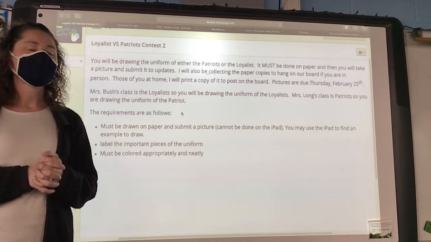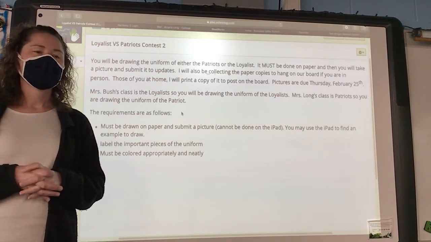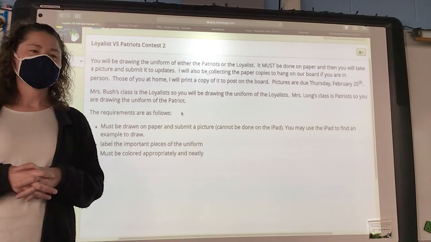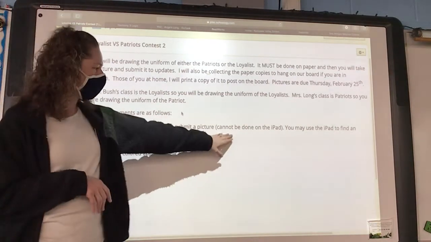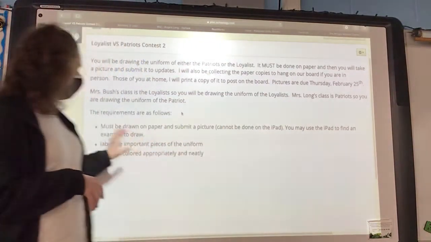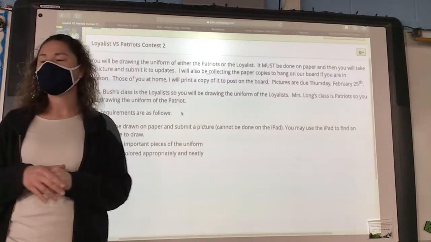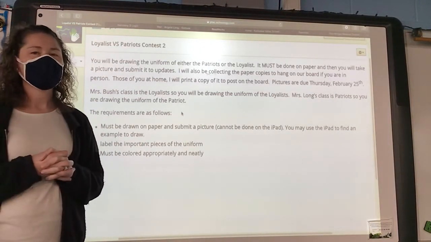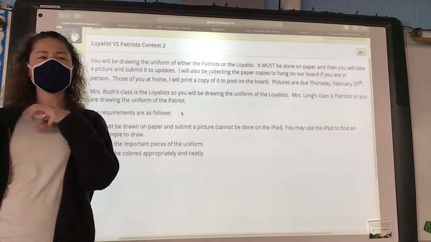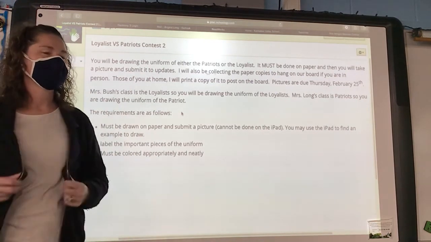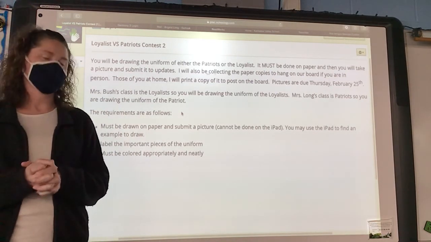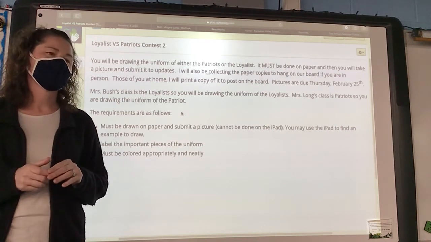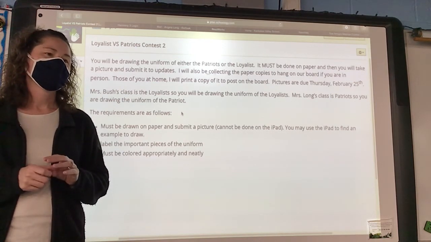Okay, Nick. So like we could just look up a picture of what they look like and then. Right, that's what it says here. You can look up a picture. You can use the iPad to help you find a picture of an example to draw it, but I don't want you drawing it on the iPad. Because more times than not, you're just going to copy and paste it and print it off and make it your own. I want you to draw it. There's the light box tracing.